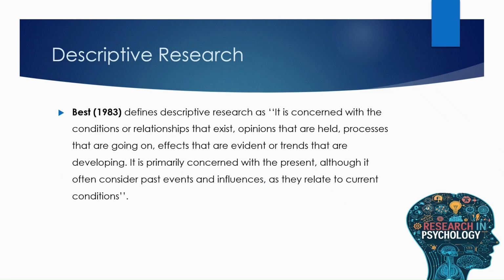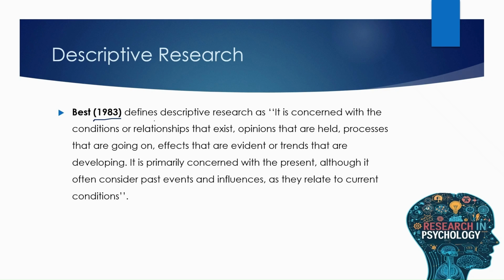We have a few textbook definitions of descriptive research. Your study material will have quite a few of them. I have chosen a few. You can study one or two in case you are asked to write about descriptive research. It's good to have an academic definition in your paper. The first definition is given by Best in 1983.